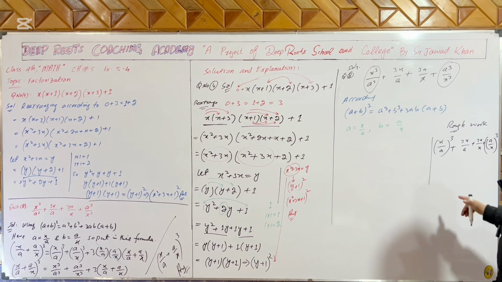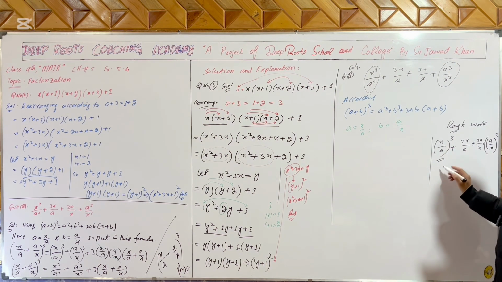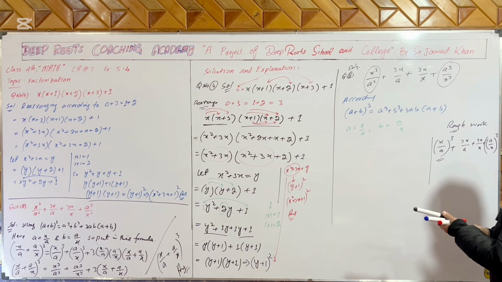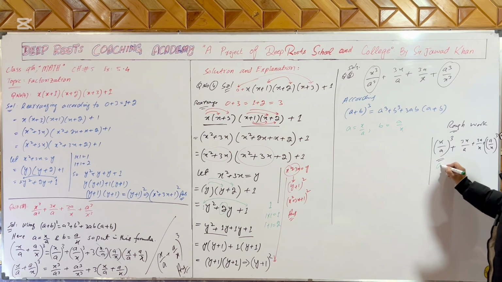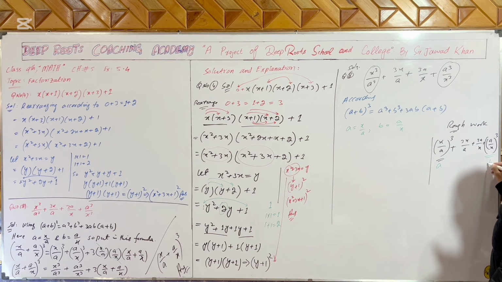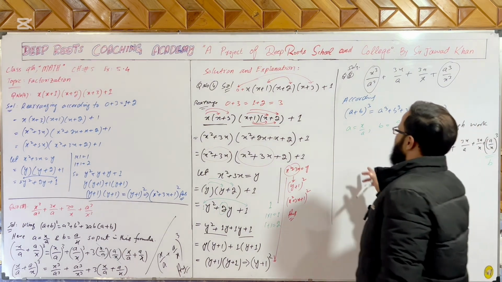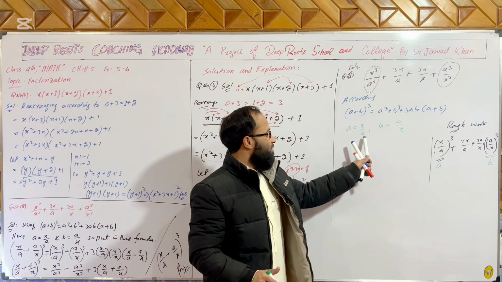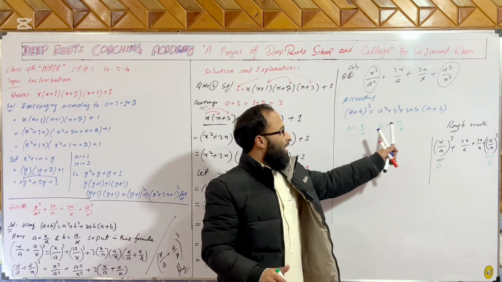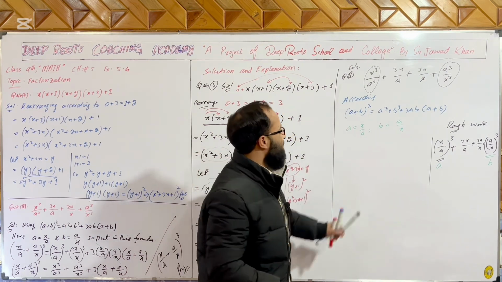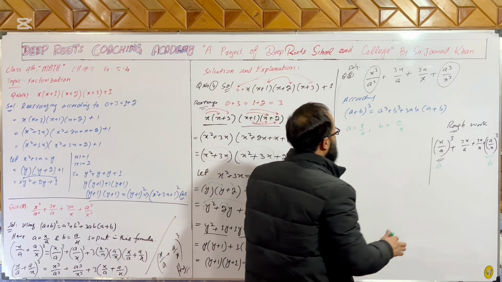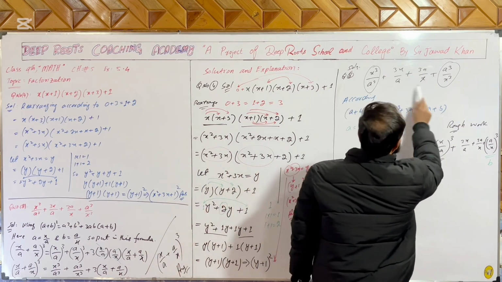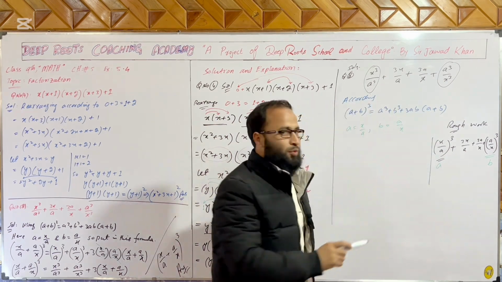So I'll put x by a instead of a. Let this be the value of a, and this be the value of b. That's why I'm saying that if I put x by a instead of a and a by x instead of b in this formula, I'll just get the same result as given in the question.